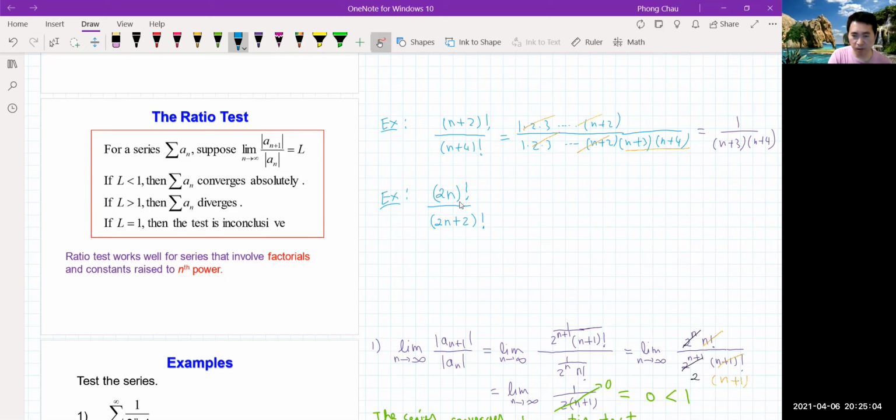Once again, this one is 1 times 2 times 3 up to 2n.